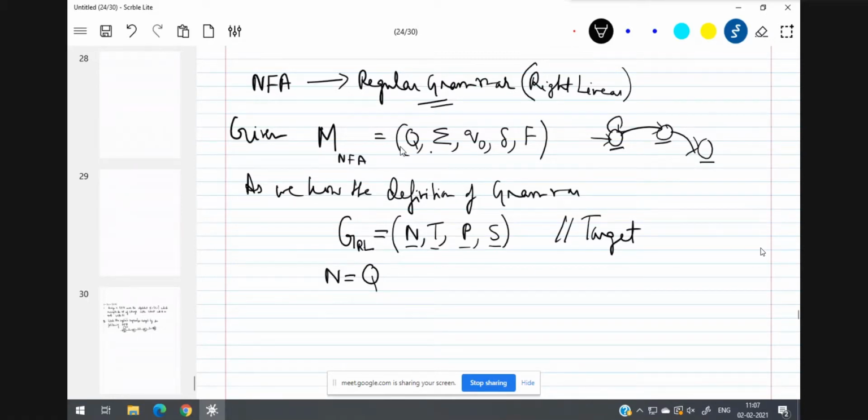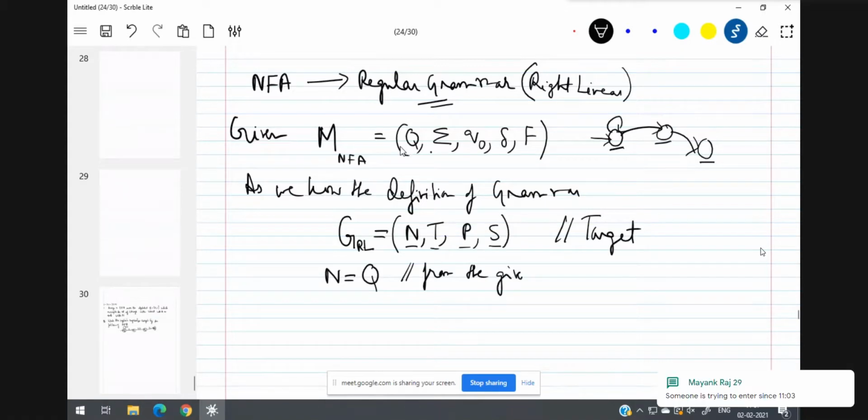That's why capital Q will be considered as the non-terminal set for this grammar. This is Q from the given NFA. Whatever states you have in the machine will be considered as the non-terminals in the regular grammar to be constructed.